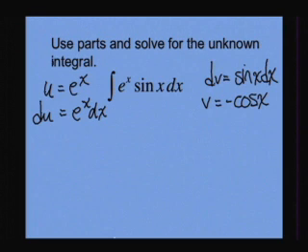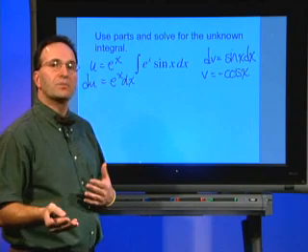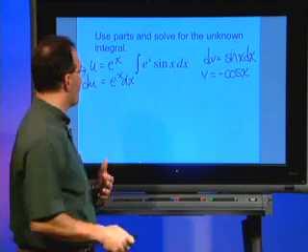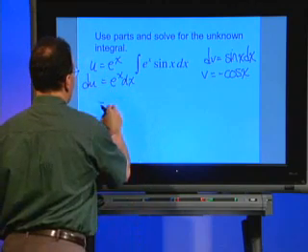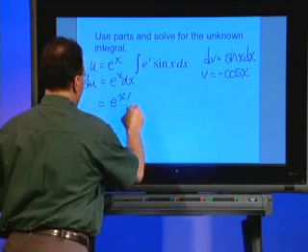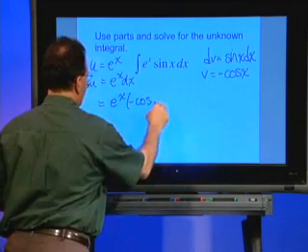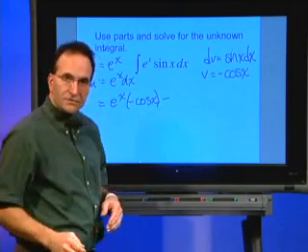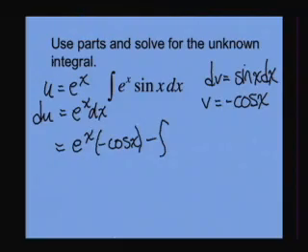So now we can put it into the formula of multiplying u times v, so u times v, minus the integral of v du.